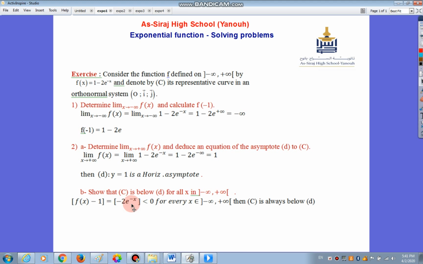But we know that e power minus x is always positive. Multiplied by minus 2, the answer is negative. So this quantity is negative for every x belonging to minus infinity to plus infinity. So the difference between C and D is always negative. This means that C is always below the line D.